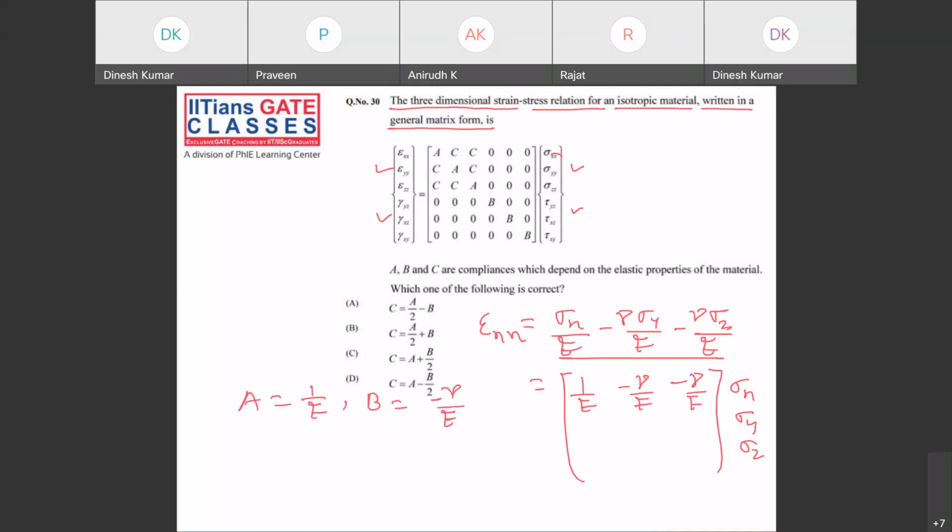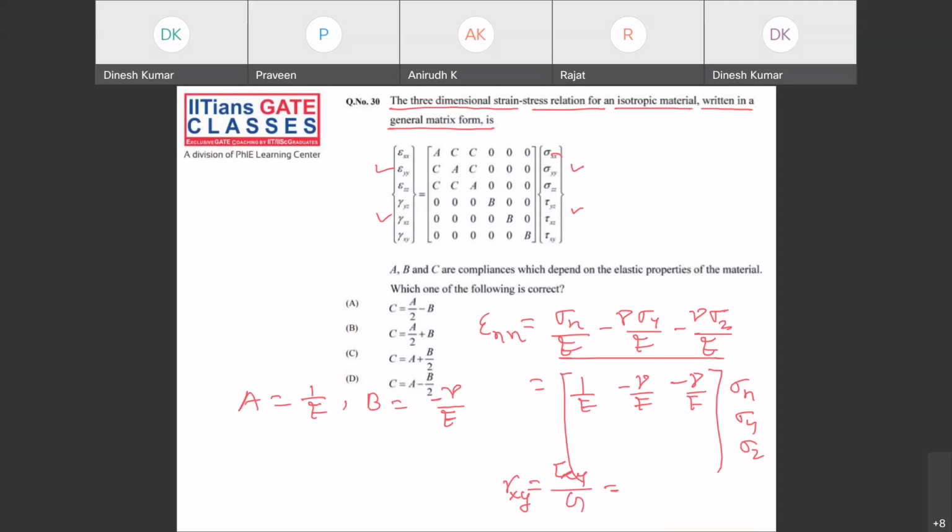Now we know the relationship between shear strain and shear stresses. Gamma xy is tau xy by G. And what is the G value?